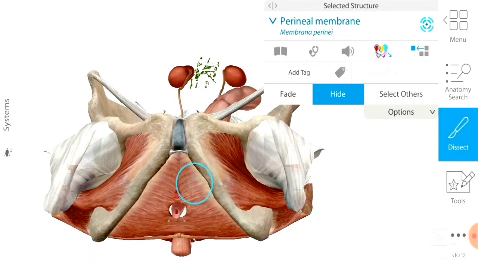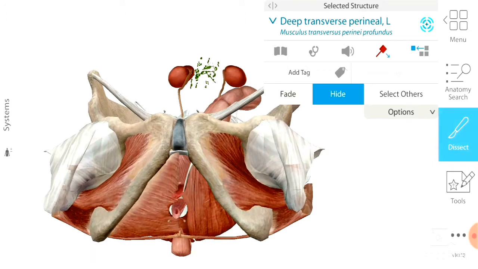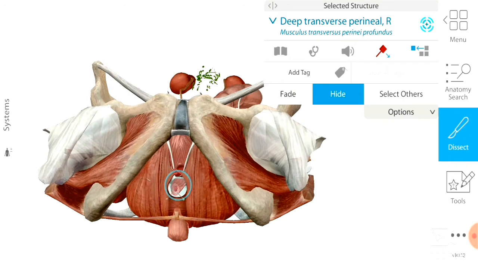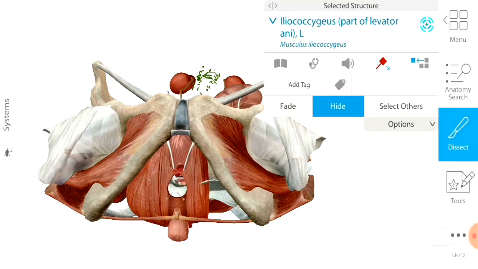I'm going to zoom in some more to show some more structures. I'm going to dissect now the structures from inferior to superior to view all the structures.